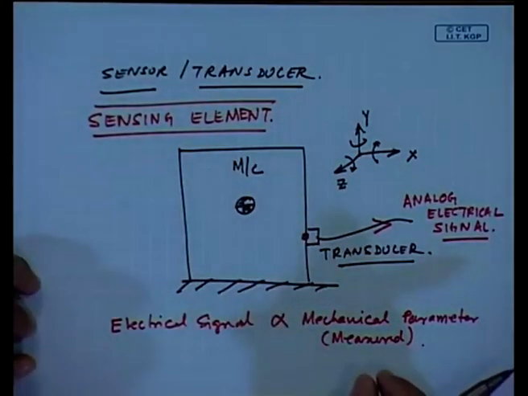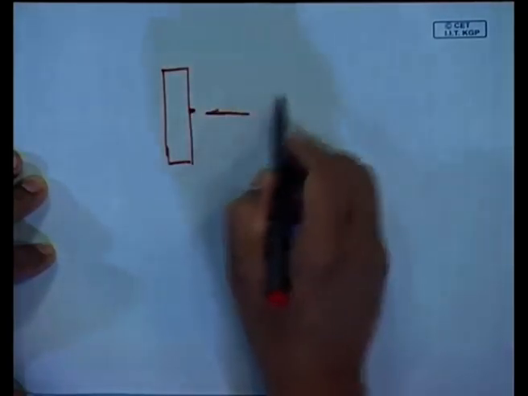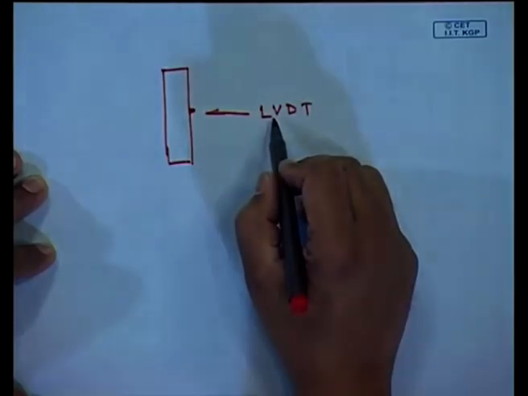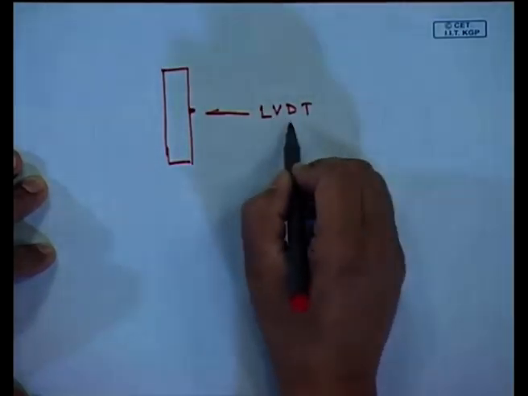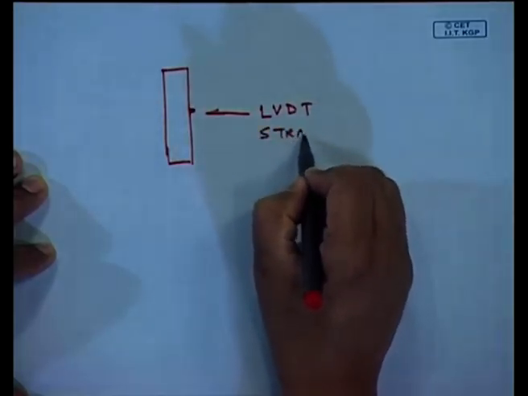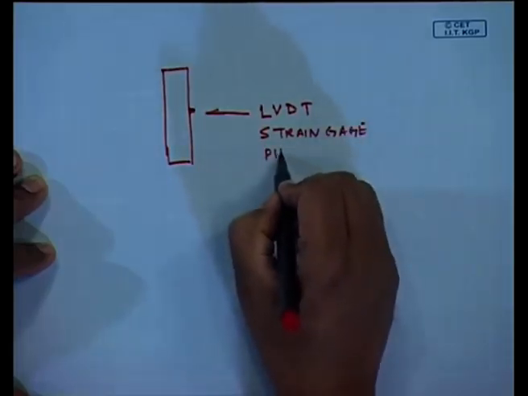The same mechanical parameter could be sensed by different sensing elements, either direct or indirect. For example, I have a body which is having a certain motion at one point. Because of the motion, there will be displacement. This displacement could be captured by an LVDT, that is a linear variable differential transformer, or a strain gauge, or a piezoelectric crystal.